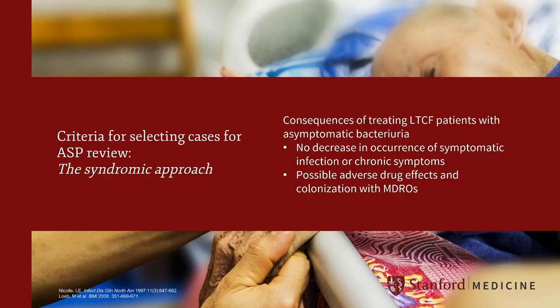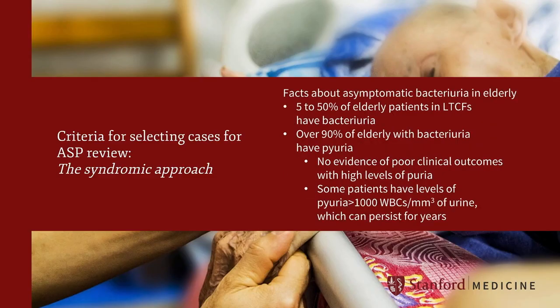multi-drug resistant organisms. 5 to 50% of elderly patients in long-term care facilities have bacteriuria, and over 90% of elderly with bacteriuria have pyuria. There is no evidence of poor clinical outcomes for patients with high levels of pyuria. In fact, some individuals have levels of pyuria greater than 1,000 white blood cells per cubic millimeter of urine, persisting for months or years.